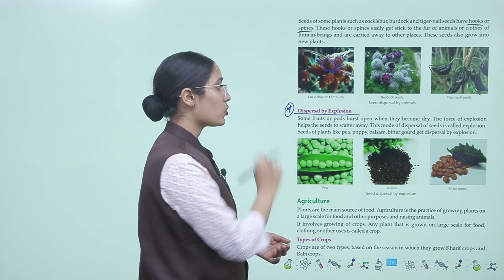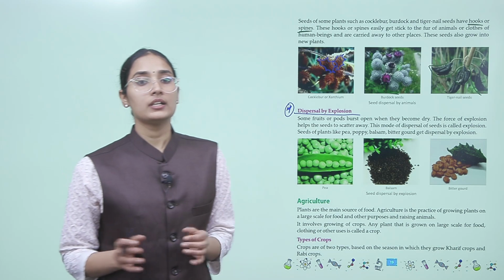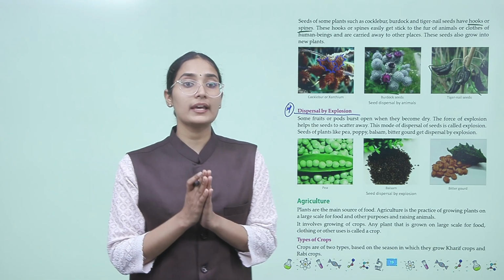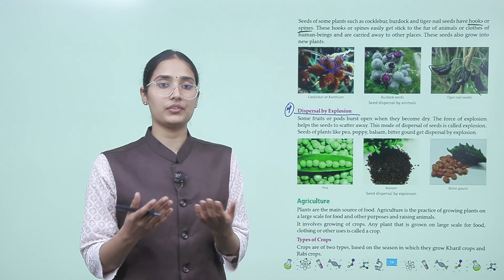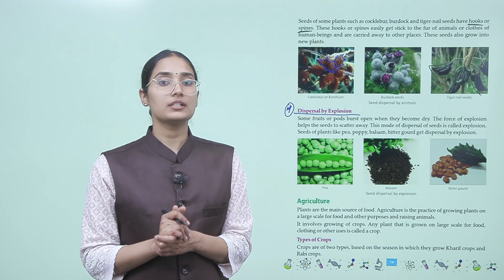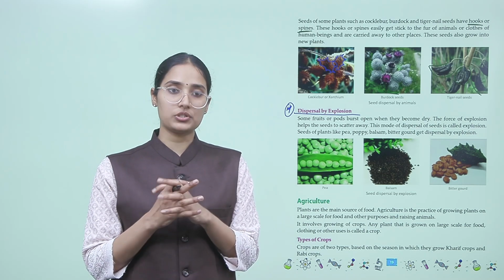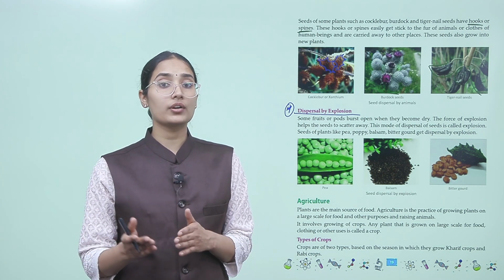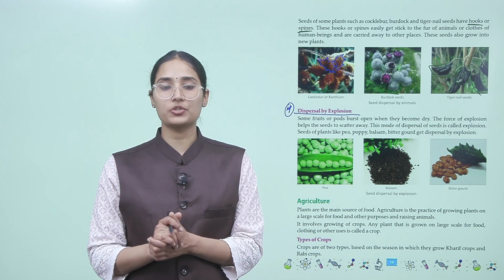Some fruits or pods burst open when they become dry, okay? The force of explosion helps the seeds to scatter away. This mode of dispersal of seeds is called explosion. Seeds of plants like pea, poppy, balsam, bitter gourd get dispersed by explosion.